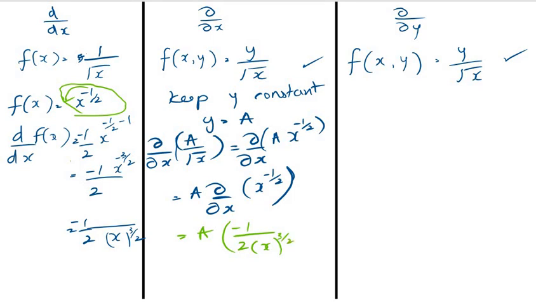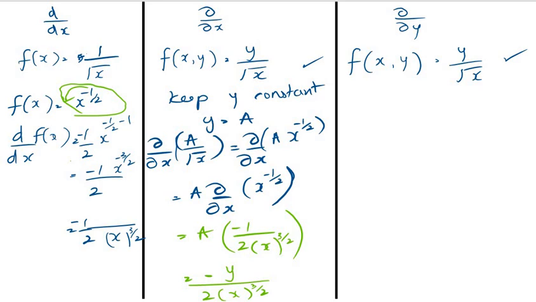And then we'll substitute a. a is y, so it is minus y over 2x to the power 3 over 2. So that's the answer for this.